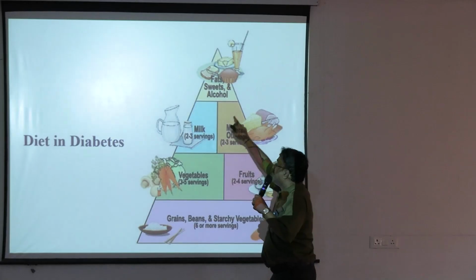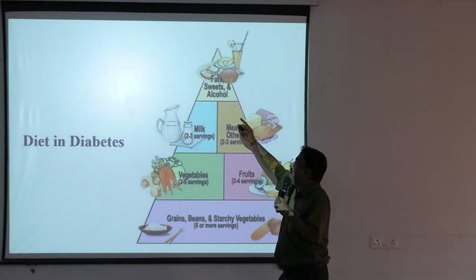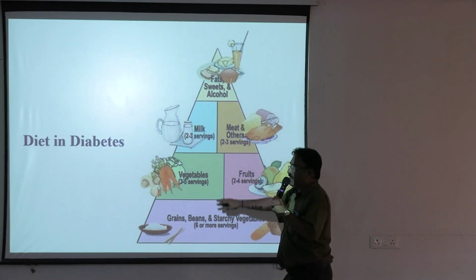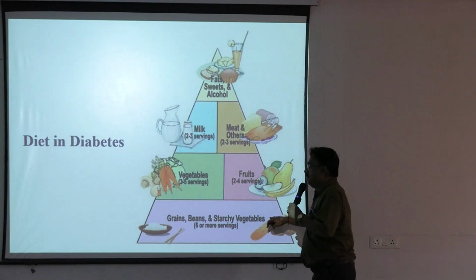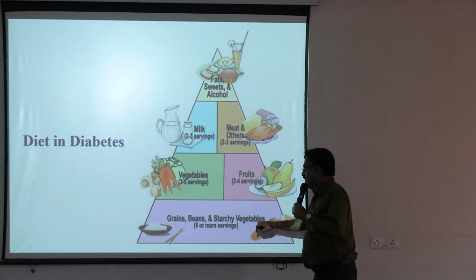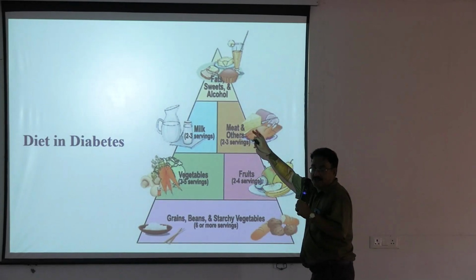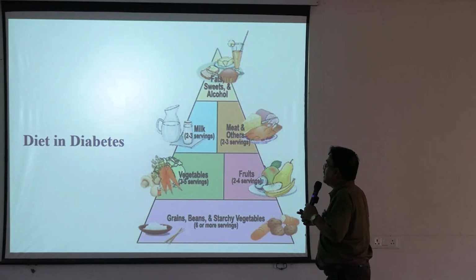Milk 2 to 3 servings, but at the top, a minimum should be fats, sweets and alcohol, which should be absolutely avoided. So at the bottom level, maximum you should take vegetables, beans and grains, followed by fruits, vegetables, meat, milk. But alcohol, fats and sweets should be avoided at the top of the pyramid.